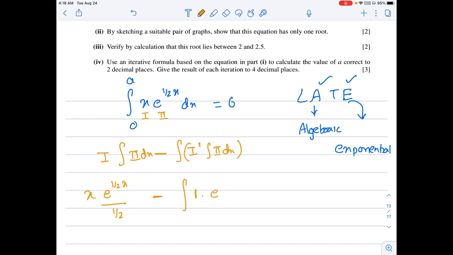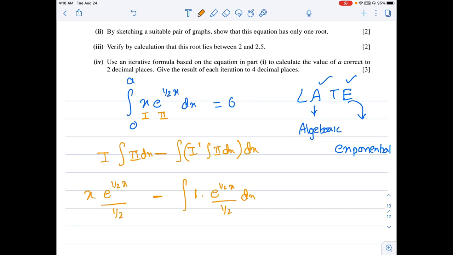What is the integral of the second function? Just now we got e power 1 by 2x upon 1 upon 2, then whole dx. So we have to consider which is the first function and which is the second function. In that acronym, algebra is the first, exponential is the second. So we consider x as first function, e power 1 upon 2x as the second function.